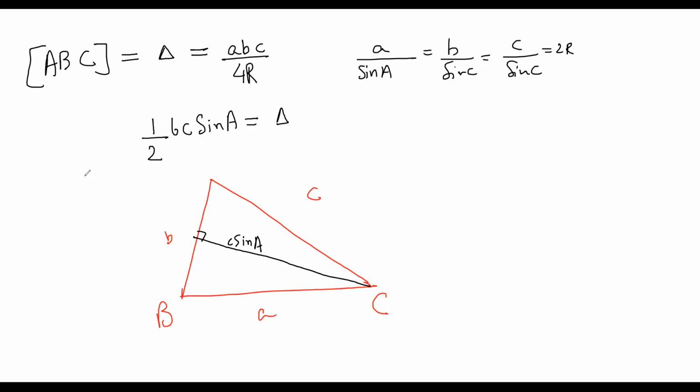So we can write a by sine A as abc by 2 times the area of the triangle.